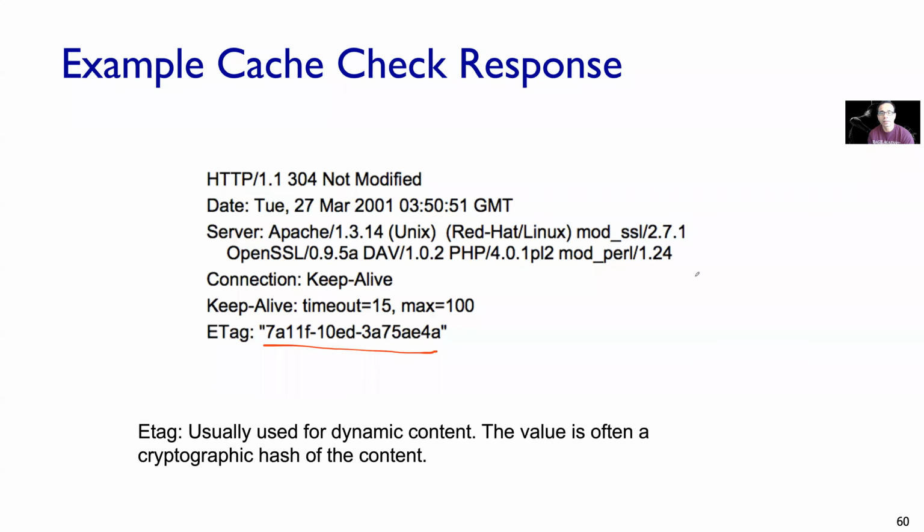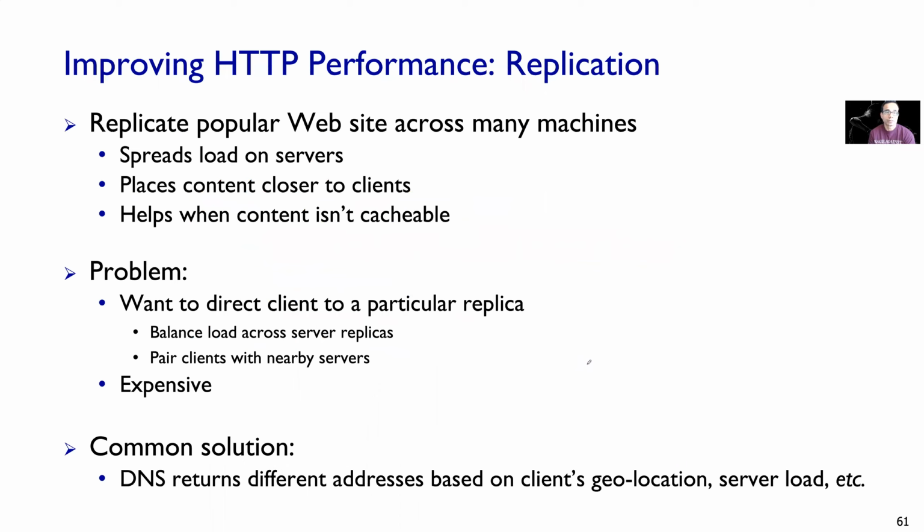Then the server can generate that same content, generate the same hash, and compare against the value in the request. And if the hash has changed, then it implies the content being requested has also changed, right? So for dynamic content, the ETag is used instead of the if-modified-since value. This is a way to check cache consistency, essentially, to get over the problem where you might be servicing old data, right?